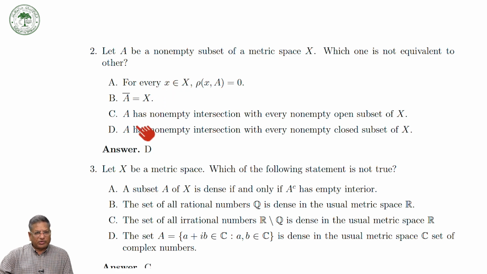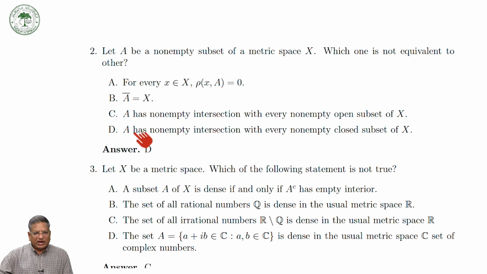Now let us see what about C. A has non-empty intersection with every non-empty open subset of X. Yes, this is also true. We have proved that A has non-empty intersection with every non-empty open set. And the last one, A has non-empty intersection with every non-empty closed set of X. No, this is not true.